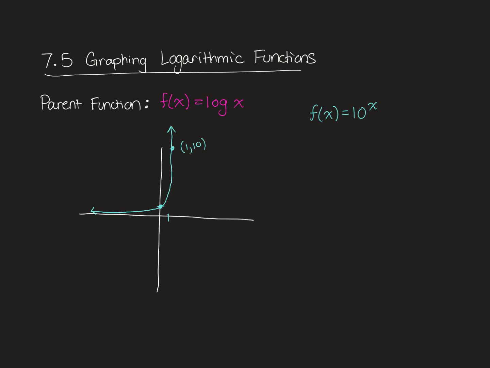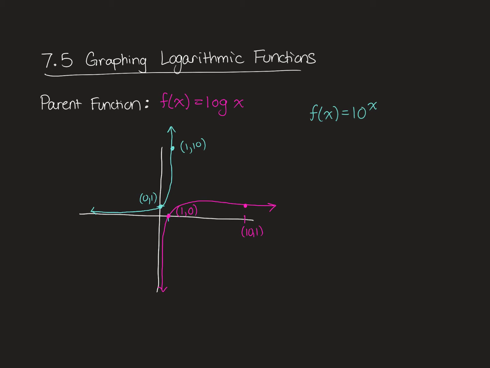Now, the inverse is whenever you switch your x's and y's. So right here we have the coordinate point 0, 1. The inverse of that is going to be the coordinate point 1, 0. If we switch the coordinate point 1, 10, then we would have 10, 1. So we have our logarithmic equation that looks like this.